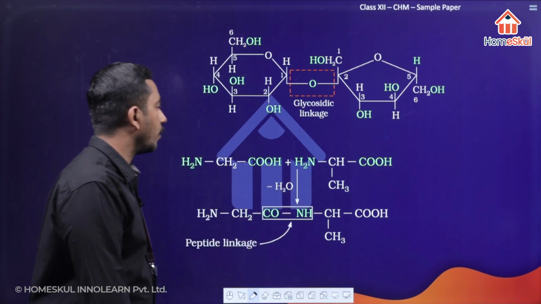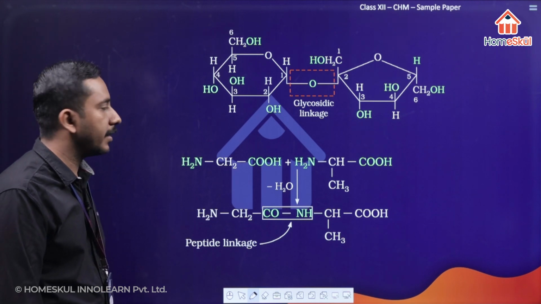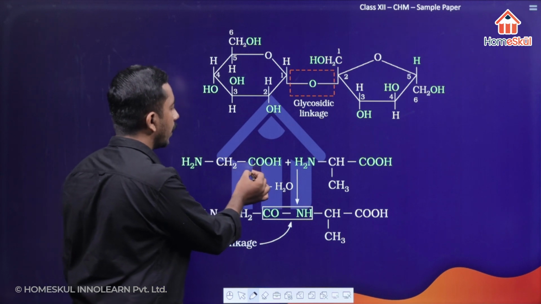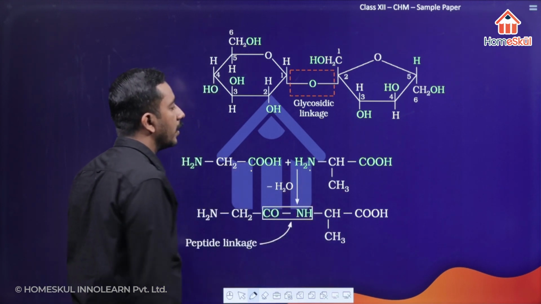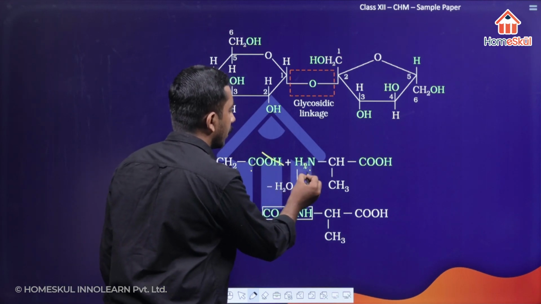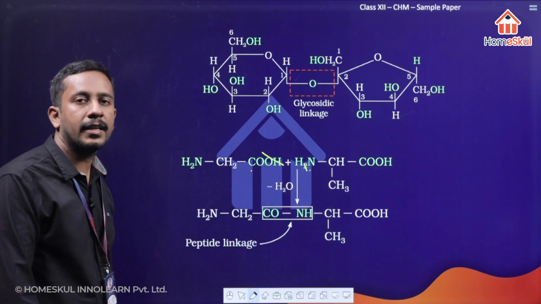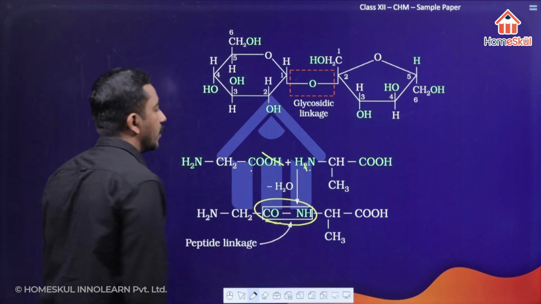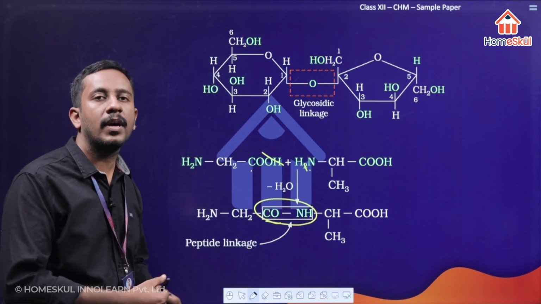In the case of a peptide bond, it is obtained by the condensation between the carboxylic acid group of one amino acid and the NH2 group of another amino acid. A molecule of water is eliminated, and a corresponding amide linkage, CONH linkage, is formed, which binds together the two amino acids.